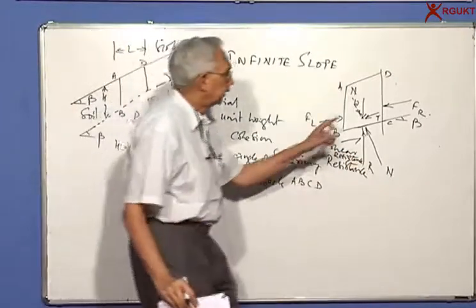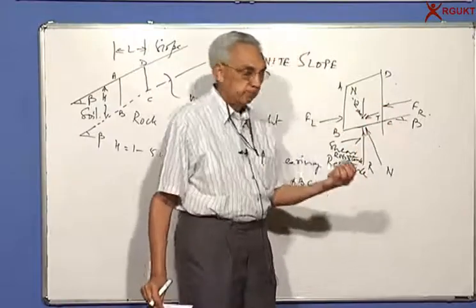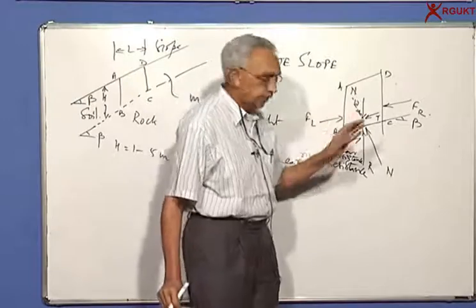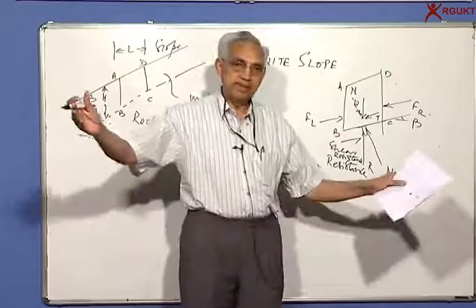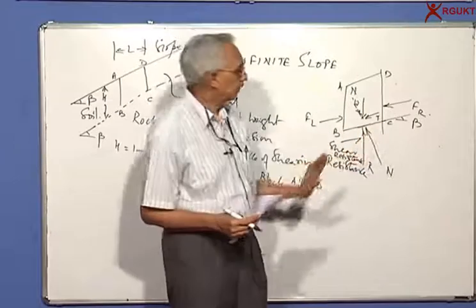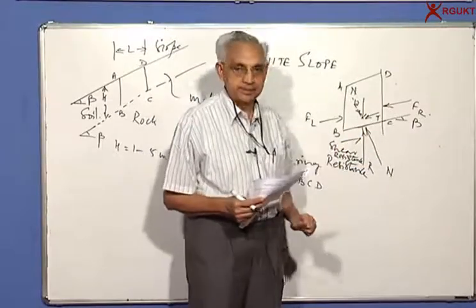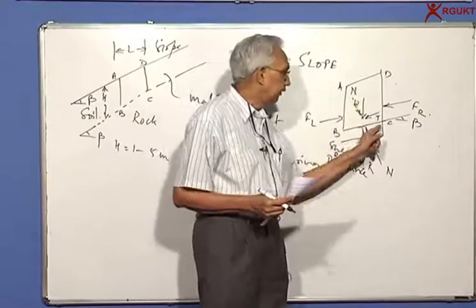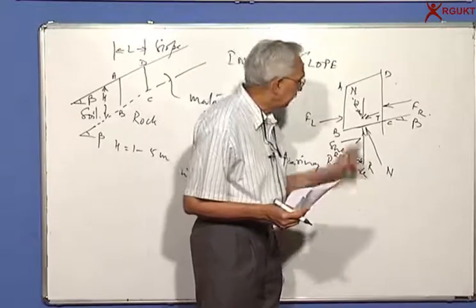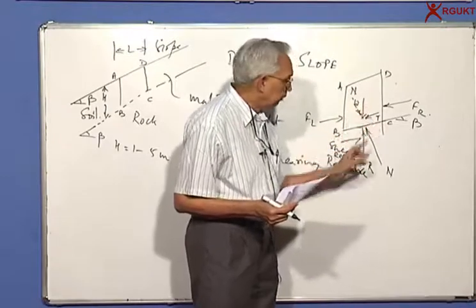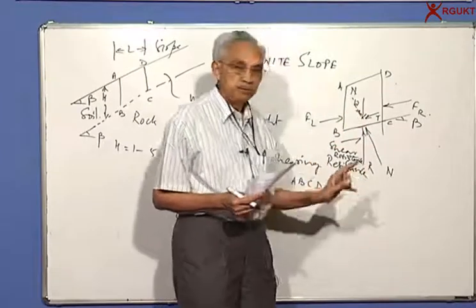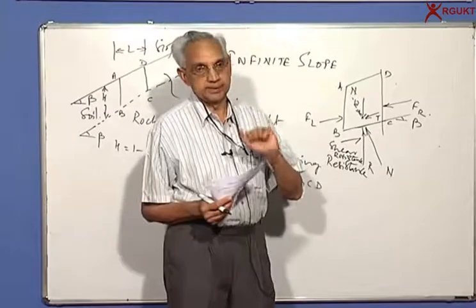What are the forces? W is the weight acting downward. Fr and Fl are the forces on the side, and because of the symmetry, it's an infinite slope, so the forces on either face will be equal and very similar, so we don't need to consider them. This block of soil is resting on the plane BC, and so the reaction will be equal to the weight W, but you can resolve both W and the reaction normal to the surface and parallel to the surface.